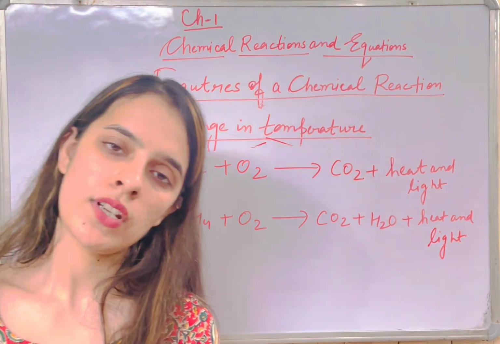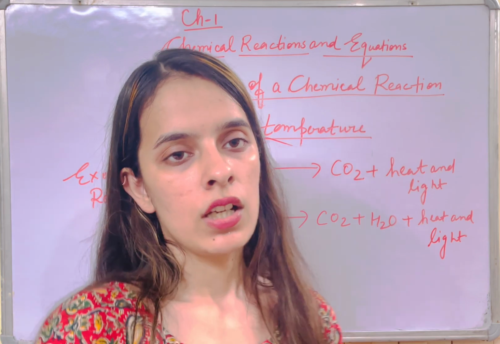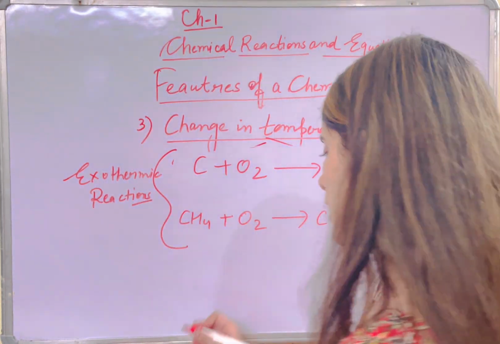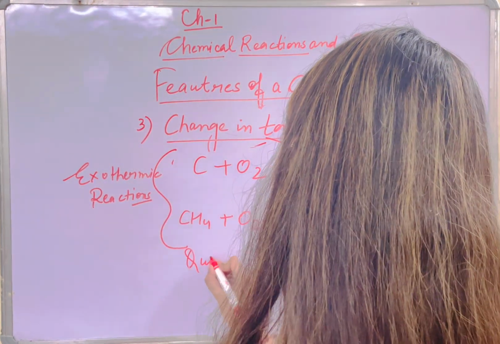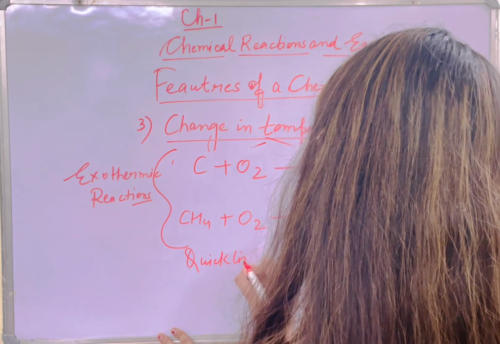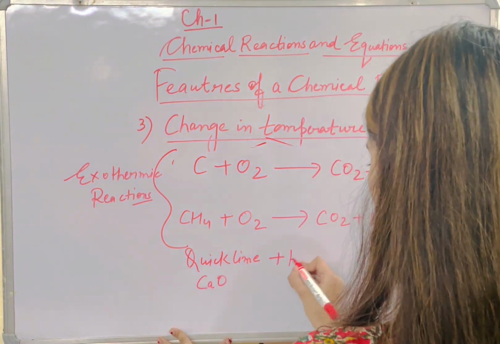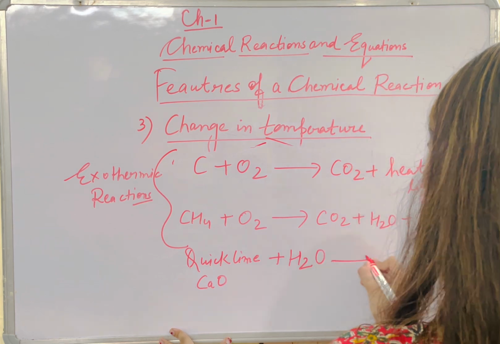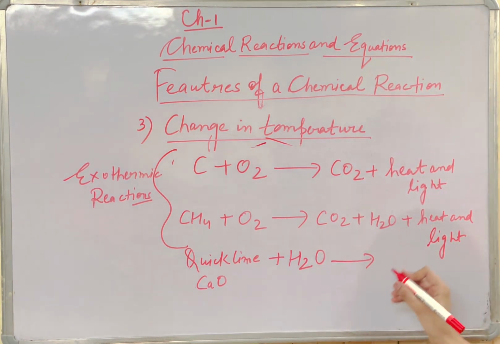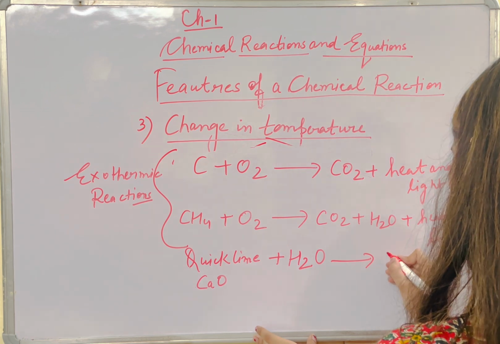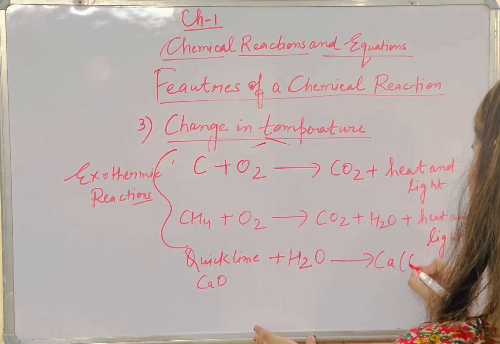There is also one more example of quicklime. Let's take an example of quicklime. I hope you know what is quicklime. It's calcium oxide. When it reacts with water, it will form slaked lime. What is the formula of slaked lime?